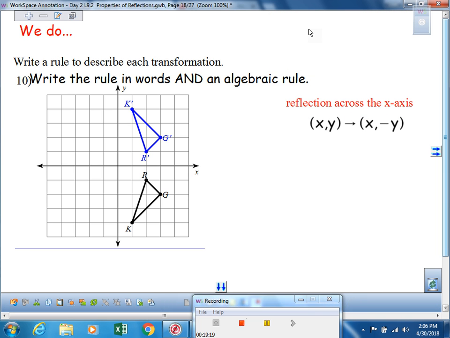Have to use that word, reflection. Reflect across, or over the x-axis is fine. Okay, across or over, I'm fine with those.